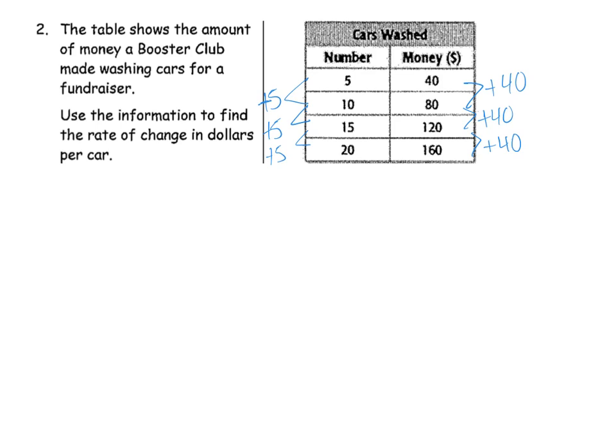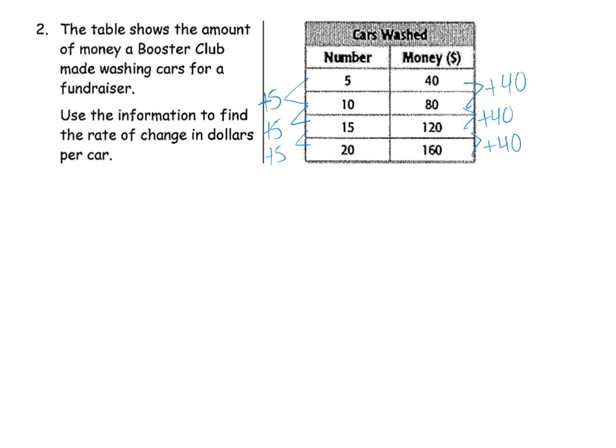Okay. So now let's figure out the overall rate of change. Let's think about it. What is affecting what? Is the number of cars affecting how much money they have, or is the amount of money they have affecting how many cars they've washed? Okay.